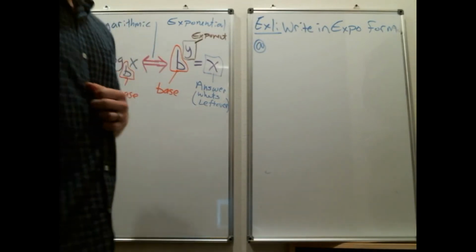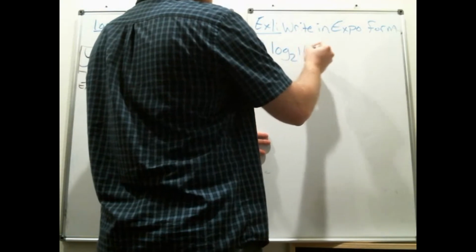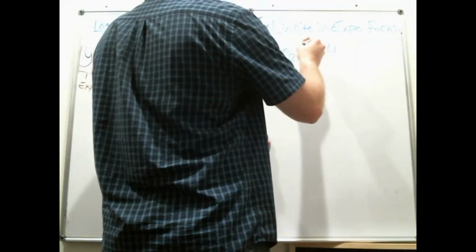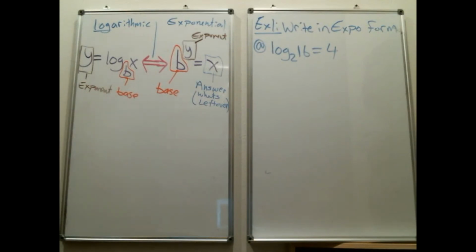And let's do this example. Log base 2 of 16 is equal to 4. Alright, so we are in logarithmic form, and we want to convert this to exponential form.